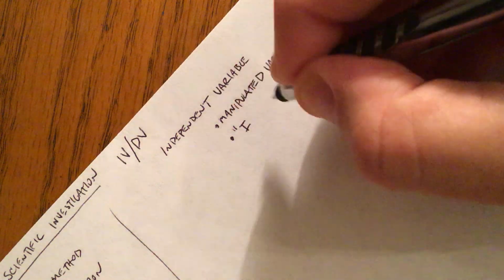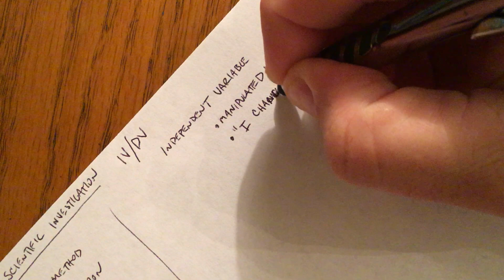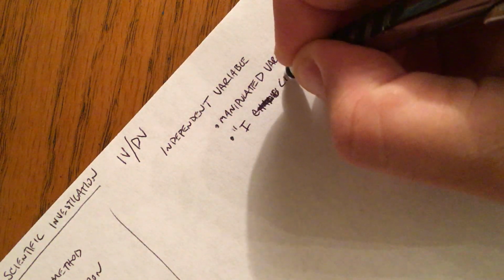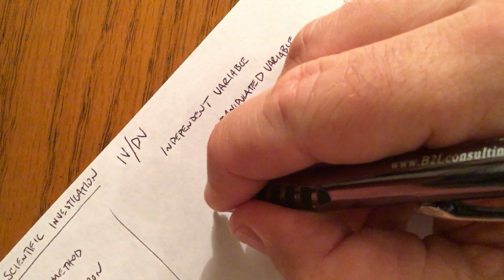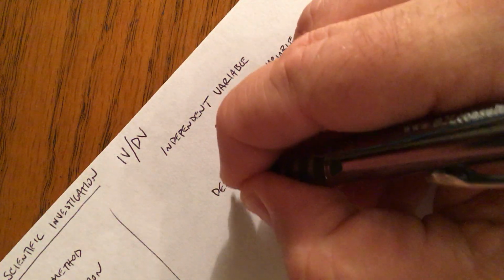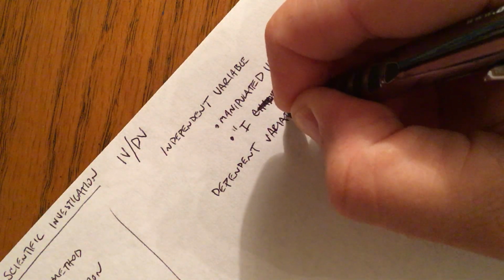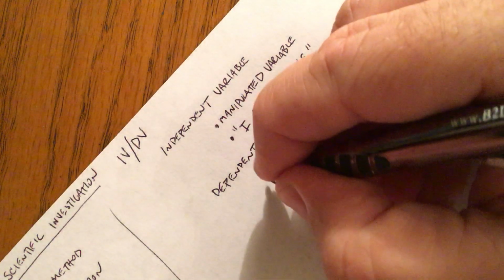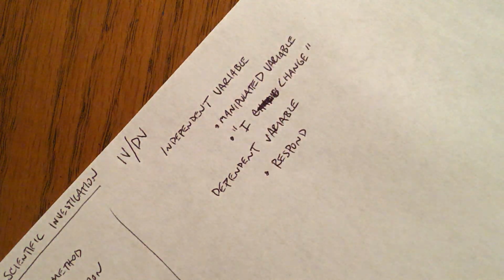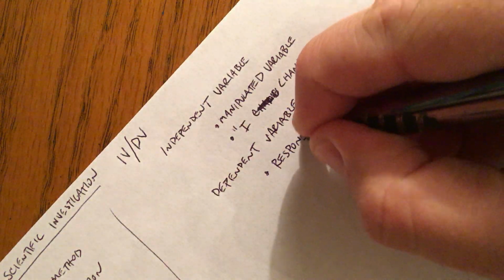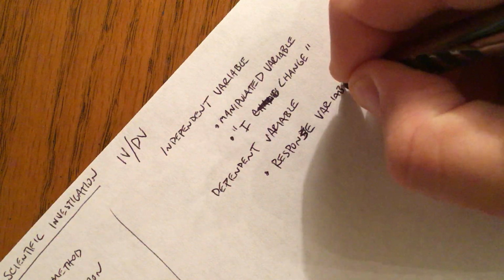Often teachers will say IV is the variable that I change. The IV is the variable I change up front at the beginning of the experiment. The dependent variable is the variable that might respond. It's sometimes called the response variable.